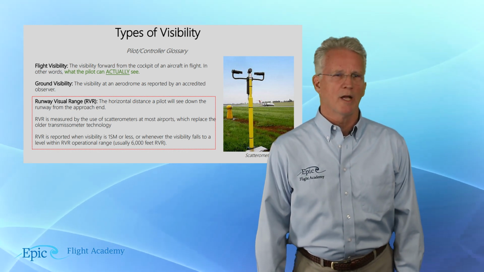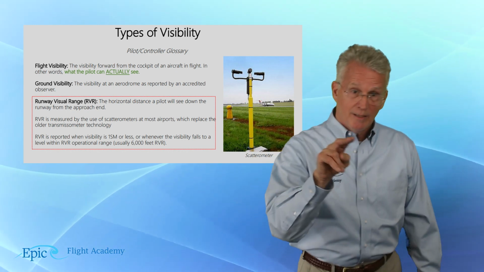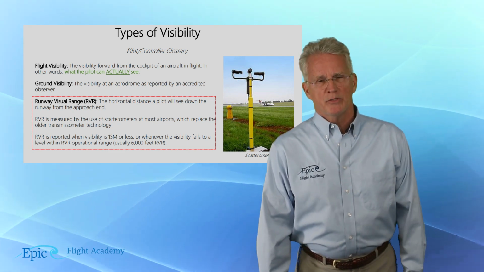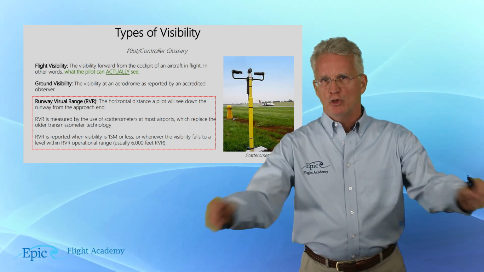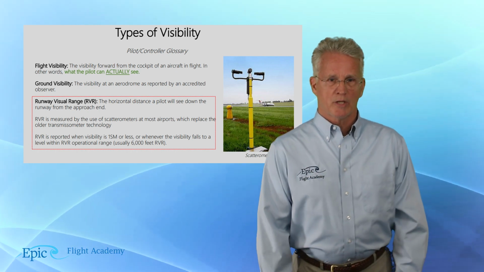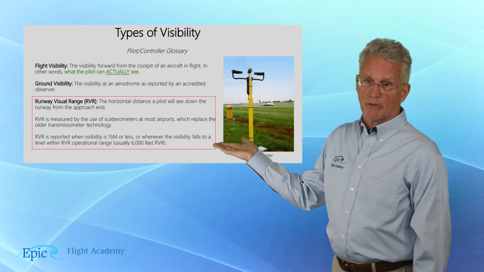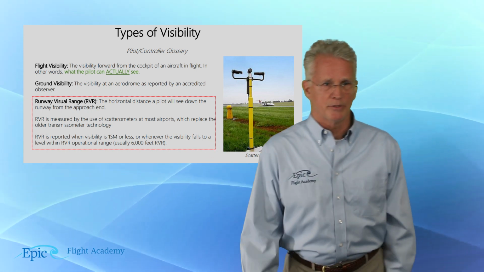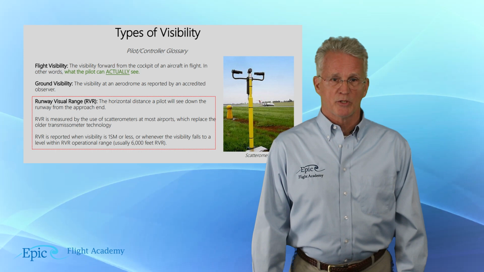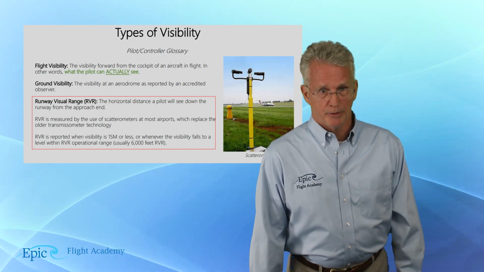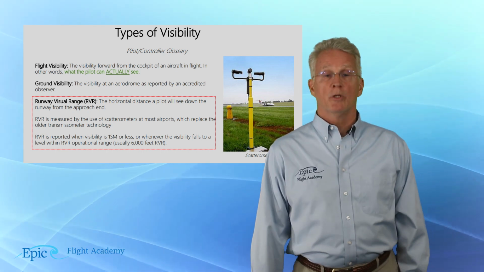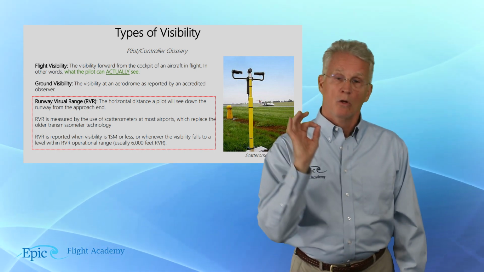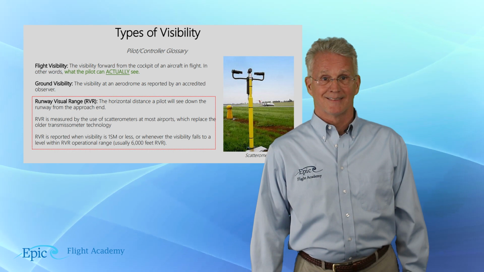This is the horizontal distance a pilot will see down the runway from the approach end. Now, these RVRs are measured by the use of what we call a scatometer, and you can see a picture of a scatometer here. The scatometer replaces the older transmissometer technology. And RVRs will be reported when the visibility is 1 statute mile or less.